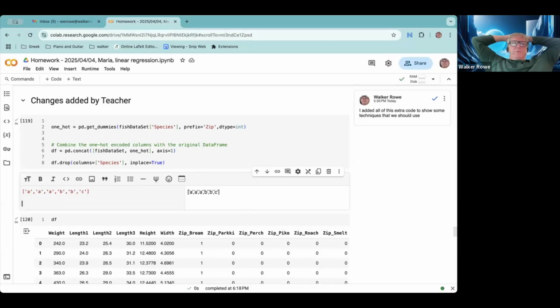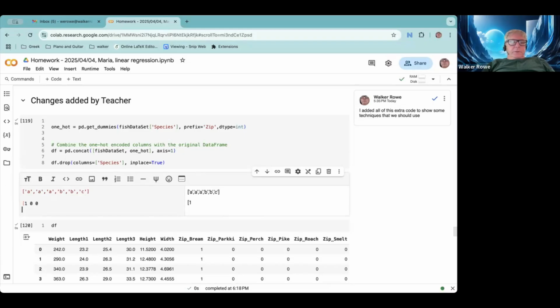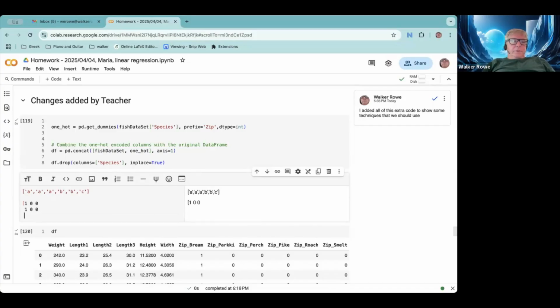Now, what Maria did was filter on that, so we can make what's called a one hot array, which is like this. Actually, let's see. It's actually done like this. The first one will be 1, 0, 0. The second one would be 1, 0, 0.